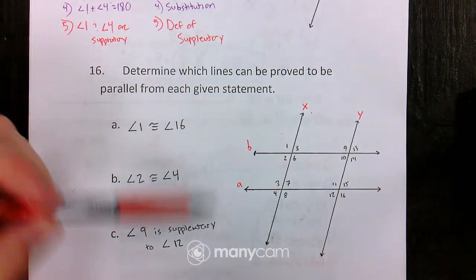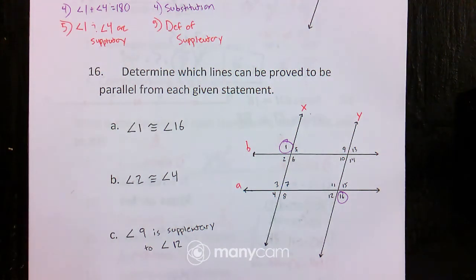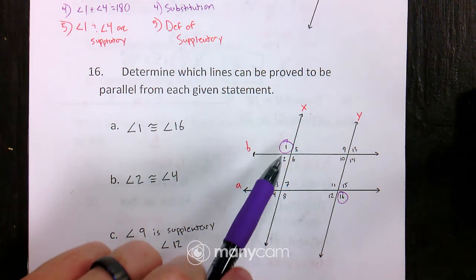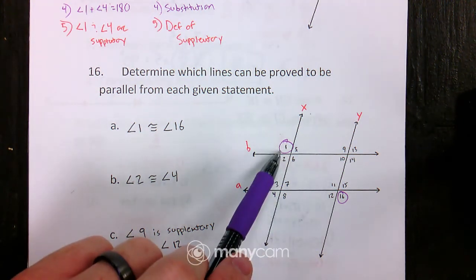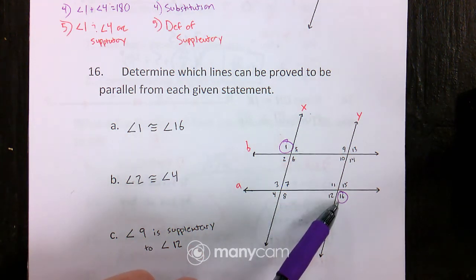So it's saying with angle 1 and angle 16, so if I take this angle and this angle, which two lines can I prove parallel? Well, none. It would require me to do 2 steps in order to get the lines to be parallel. I'd have to first say that 1 and 8 are congruent, and then I would have to say that 8 and 16 are congruent.